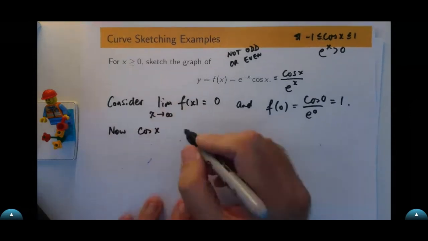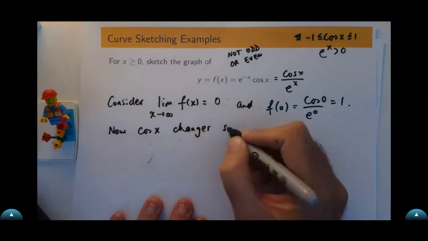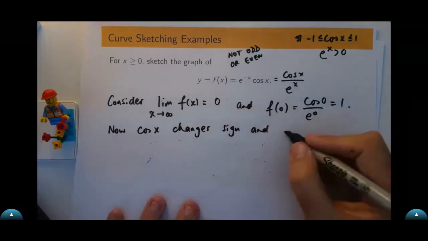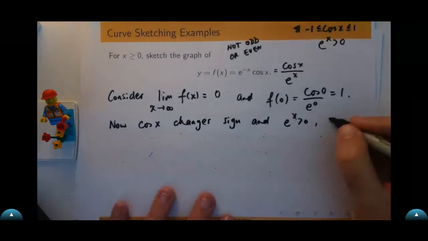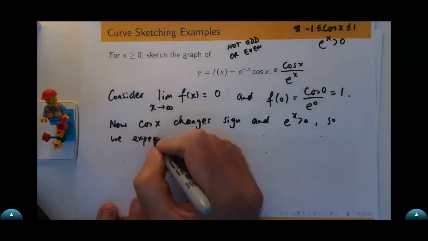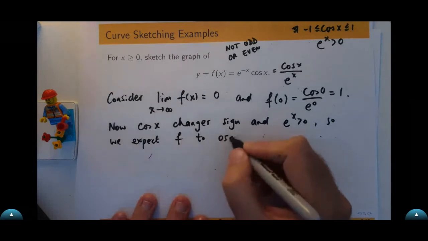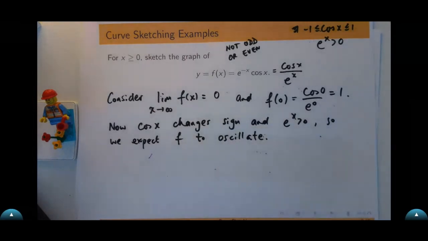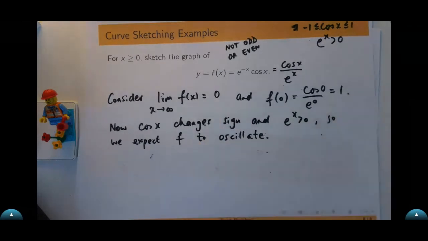So cos x changes sign, and e to the x is always positive. So we expect f to oscillate. Okay, so it oscillates, it goes to 0, and it starts at 1.